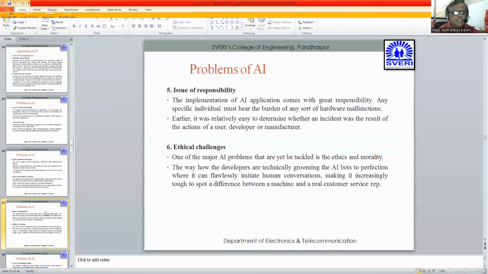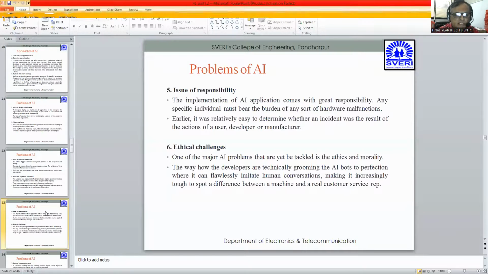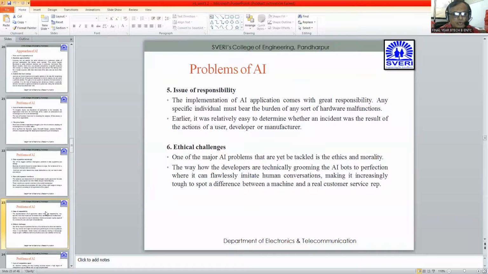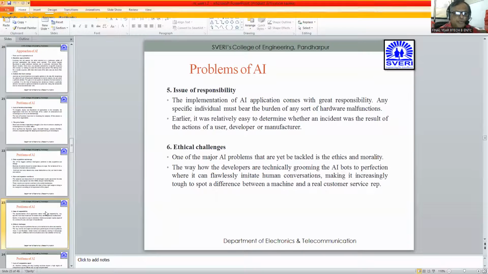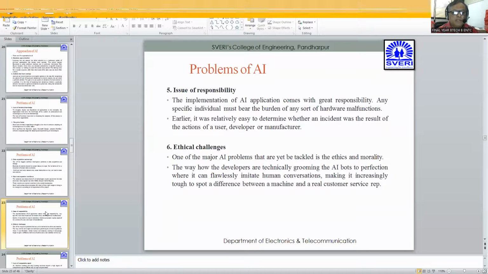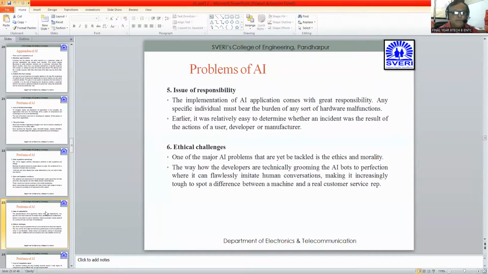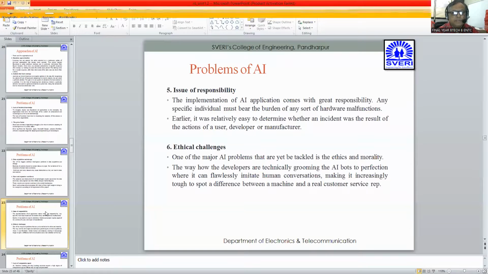Then comes the ethical challenges. One of the major AI problems yet to be tackled is ethics and morals. As far as AI is concerned, there has to be some ethics and morality that is followed. The way developers are technically grooming AI bots to perfection, making them flawless and able to imitate human conversations, makes it increasingly tough to spot a difference between a machine and a real customer service representative.